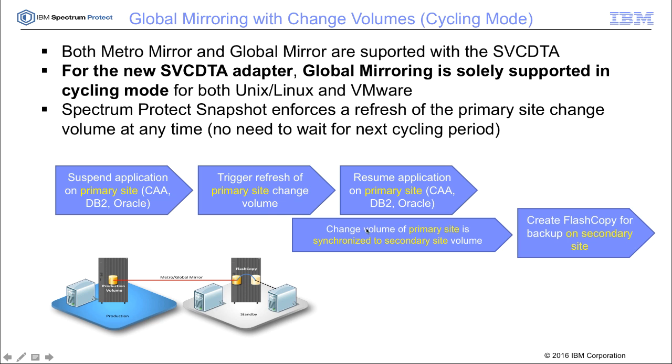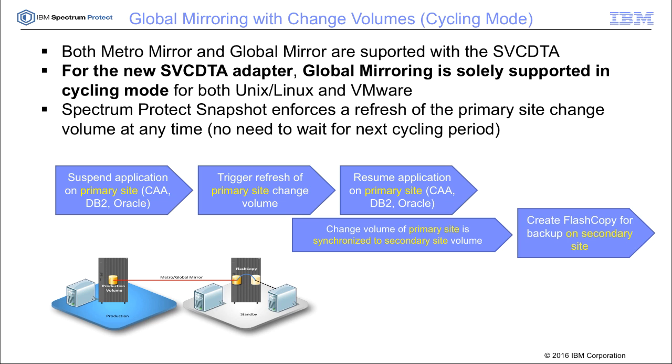So essentially the order of operations is going to be as follows with global mirroring. Spectrum Protect Snapshot is going to suspend the application on the primary site, be it a custom application, DB2, Oracle. It's going to trigger a refresh of the primary site change volume so that it has a consistent copy.